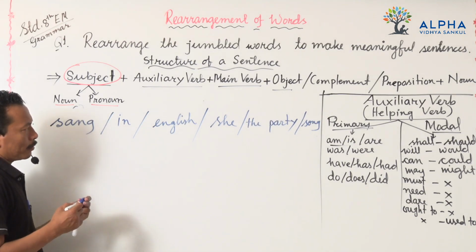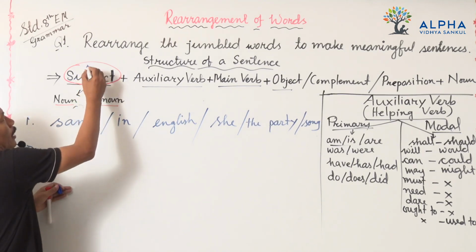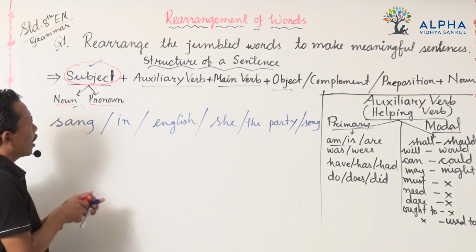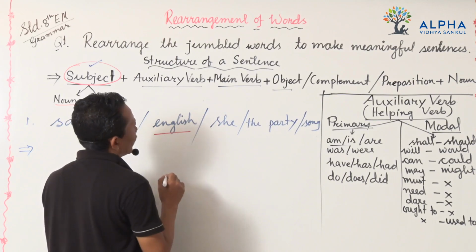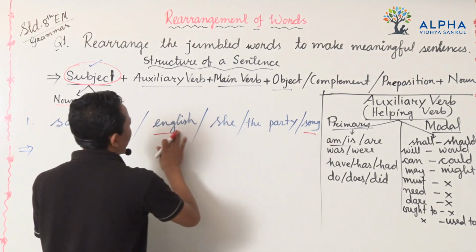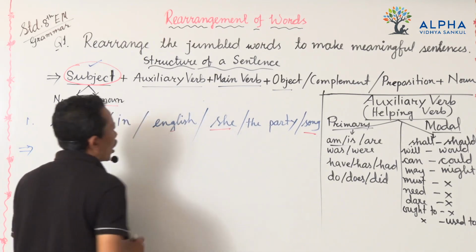If we try to arrange this sentence, the first of our rules says subject. Subject should be noun or pronoun. Song is a noun, and she is a pronoun.